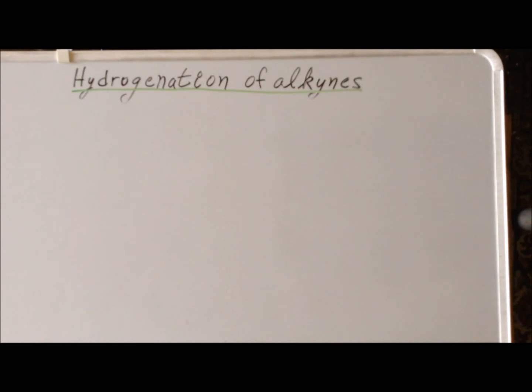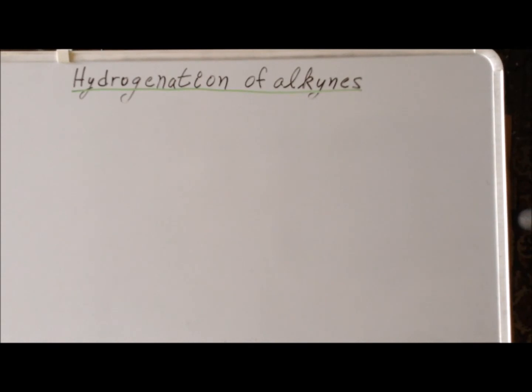As a summary, please see the following table where we've listed the computed enthalpies of hydrogenation for each of the alkynes that we've discussed in this video. Also see, as a comparison, the related computed enthalpies of hydrogenation for alkenes.